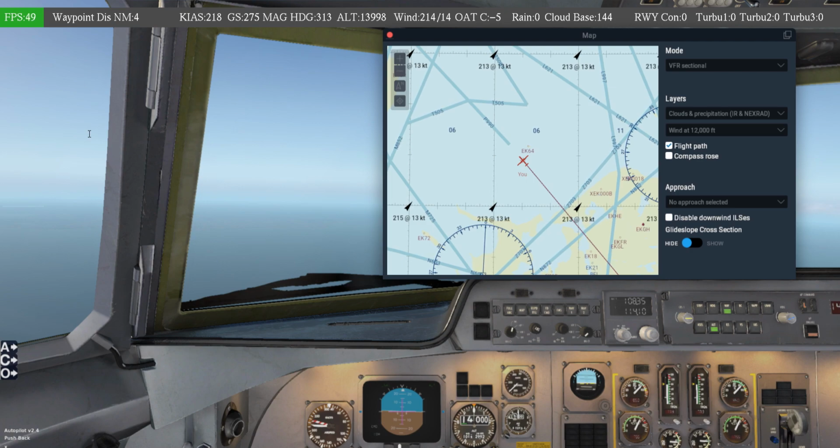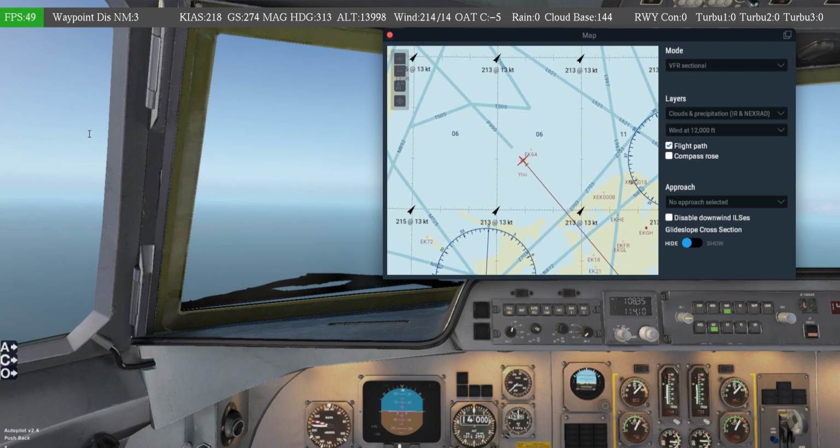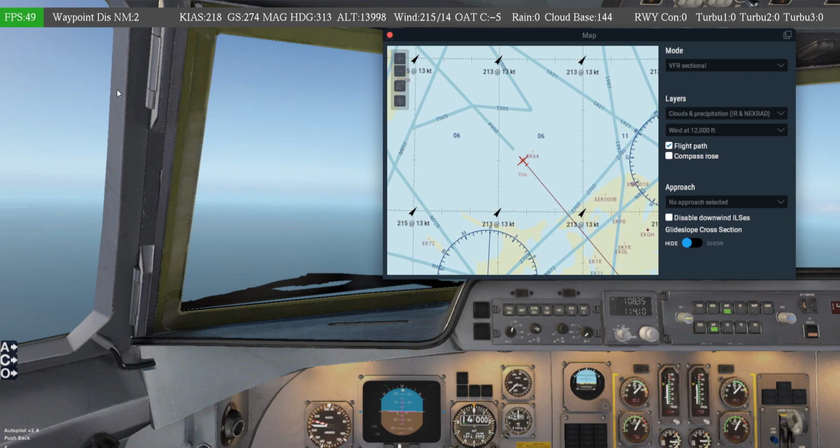But do note that for getting the most realistic consumption, you would need to set an average speed. So now that I said 200 knots, that's probably not a realistic airspeed. Let's say 160 or something like that. Then it says 56 minutes.